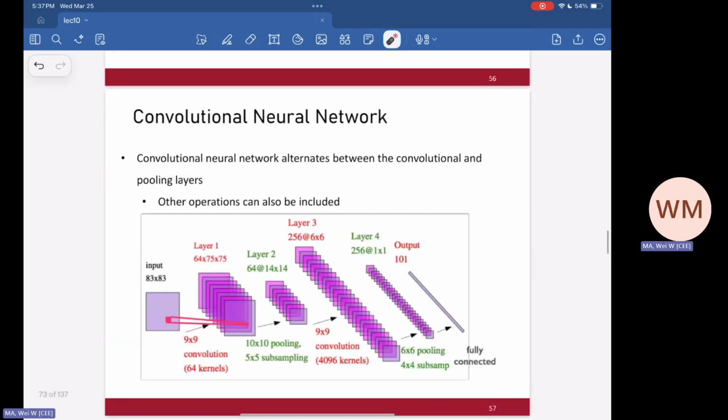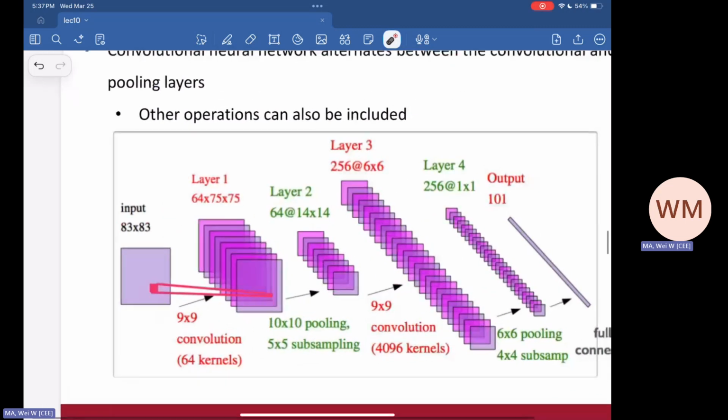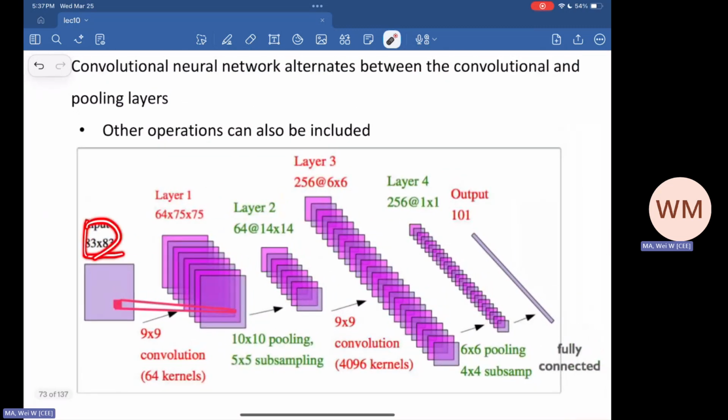Combining the convolutional layer and the pooling, we can have a neural network. We call this a convolutional neural network. This is a very famous one, so let me try to explain it. The input image is 83 by 83. First, you apply a 9 by 9 convolution with 64 filters.